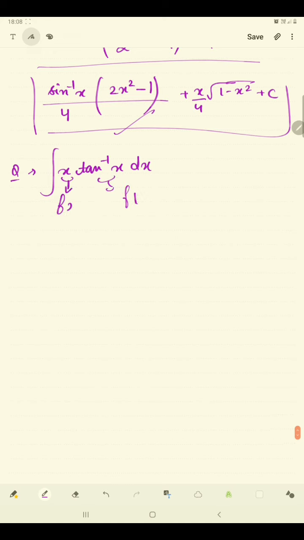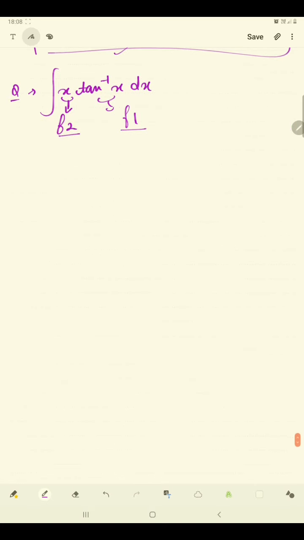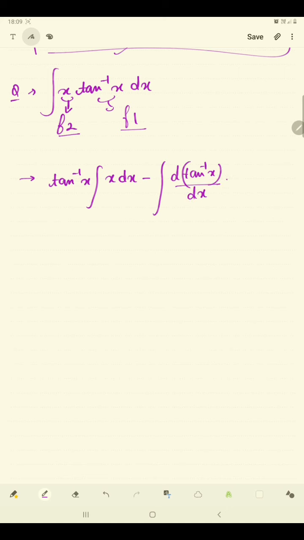Following the ILATE rule, we have this as the first function and this as the second function. So now again applying the rule, we need to do it like this: dx minus integration of differentiation of tan inverse x dx into integration of x dx.